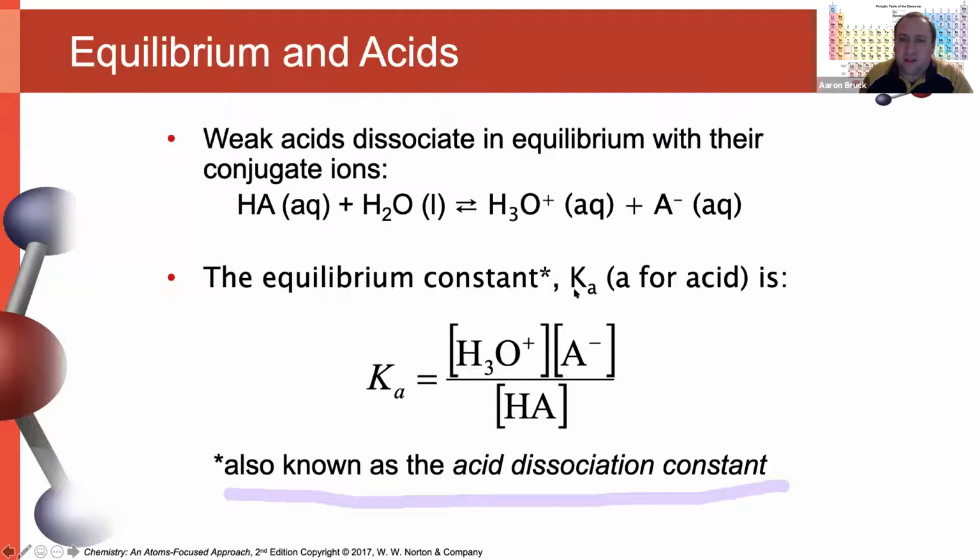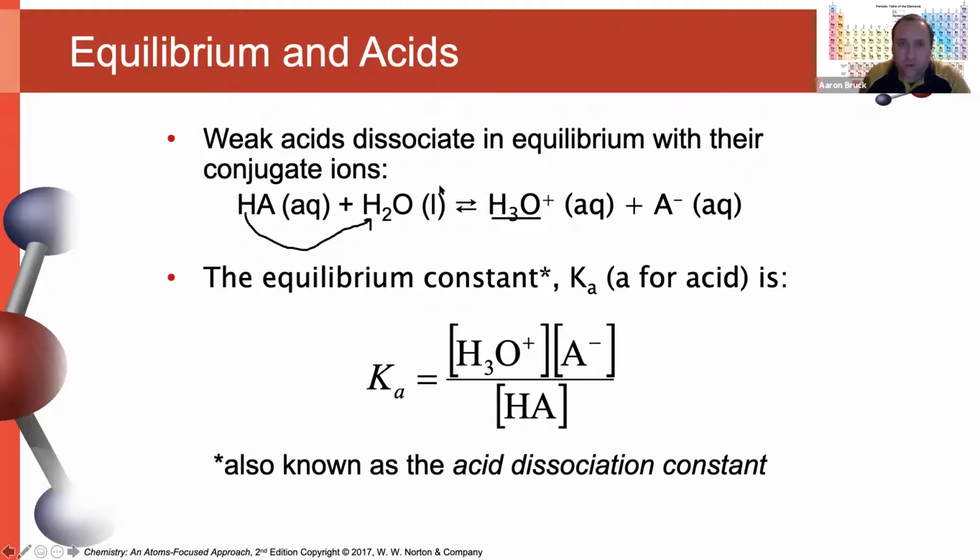So when it comes to acid equilibrium, it follows this general kind of trend where I've got the weak acid HA reacting with water. The HA acts as a Bronsted acid, gives its hydrogen to the water to become hydronium, and we have the conjugate base A minus left over.